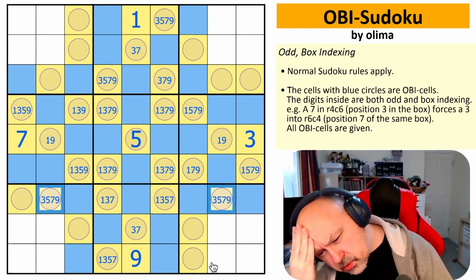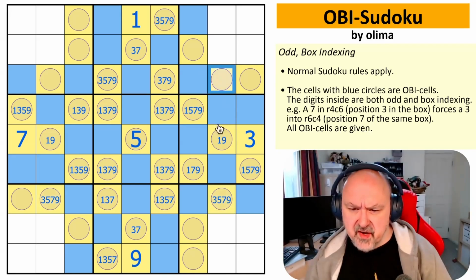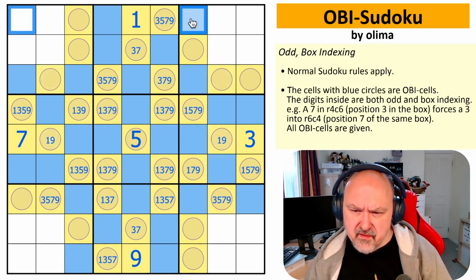Whoa. Because 1s are lining up in those cells. Which means one of those has to be 8.